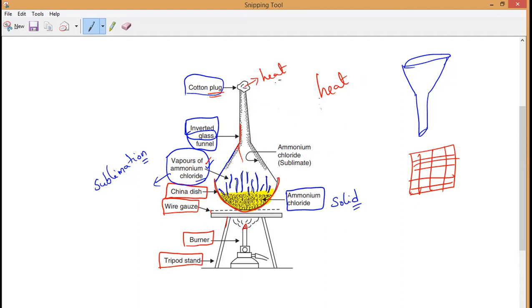Once heat is absorbed, the temperature falls. What will happen then?